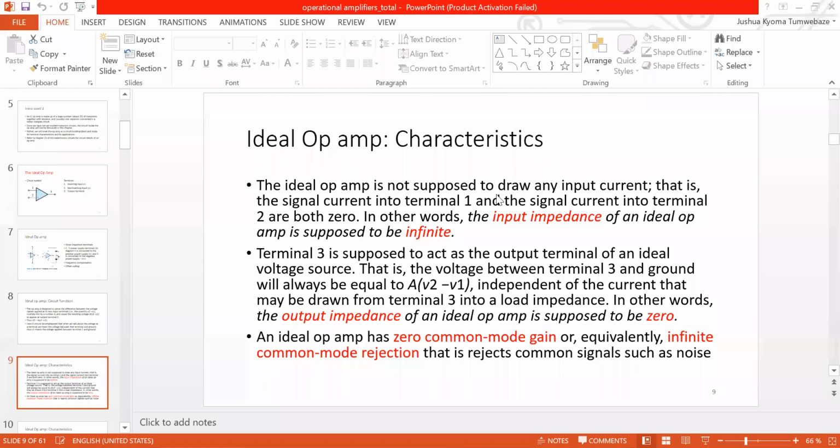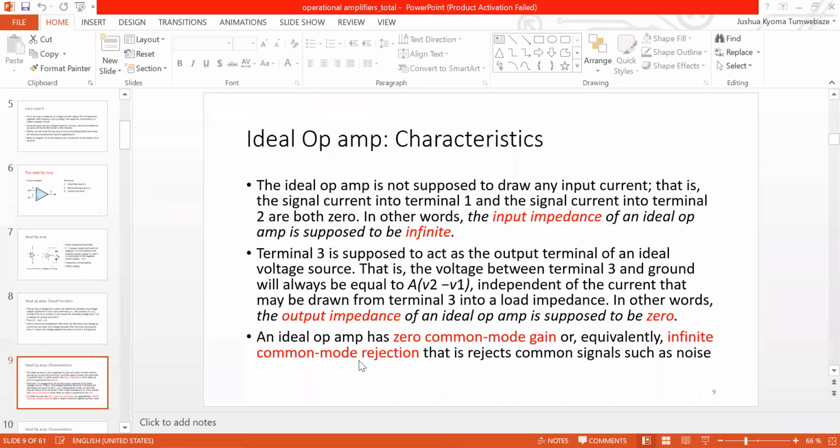So what I was saying is that the ideal op amp has 0 common mode gain, or we could say infinite common mode rejection. That is, it rejects common signals such as noise. What do we mean?